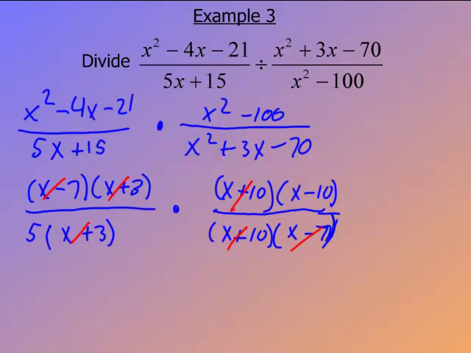So I'll simply be left with, after my multiplication, x minus 10 over 5. And that's it.